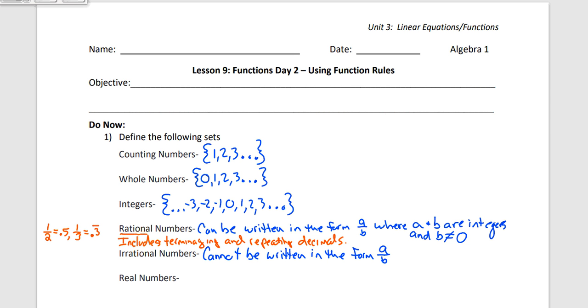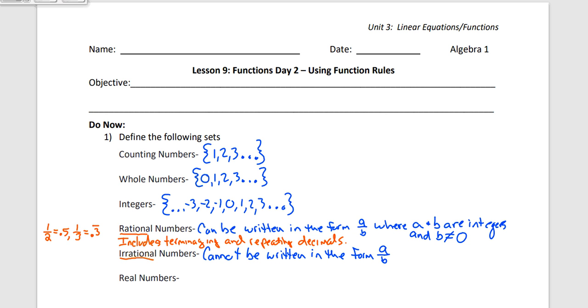The 3 continues forever. The thing about irrational numbers is that it's not terminating and not repeating. It's like a crazy decimal that goes on forever and never repeats. It's pretty crazy, right? That's pretty irrational. Irrational in our English language means kind of acting strangely.